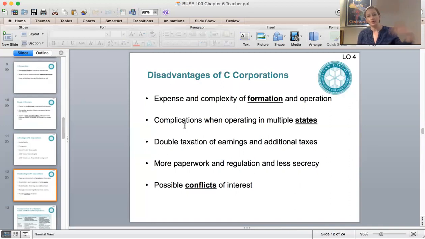Let's say my corporation this year earned $150,000 by selling coffee mugs. Okay, so I've earned $150,000 selling coffee mugs. The very first thing that I need to do is pay taxes on the $150,000 in profit at the corporate level.